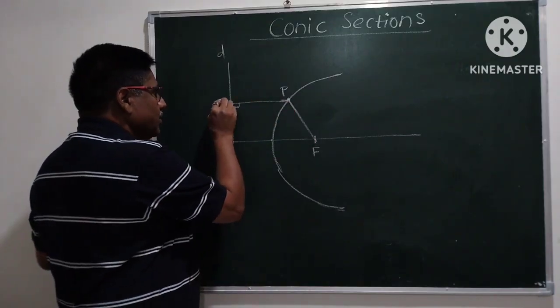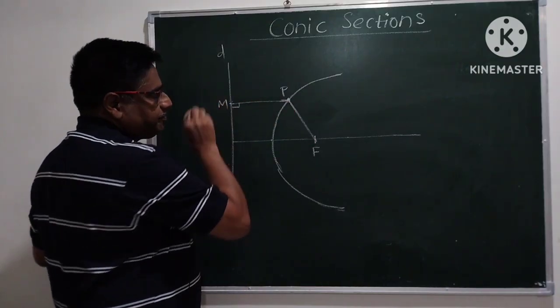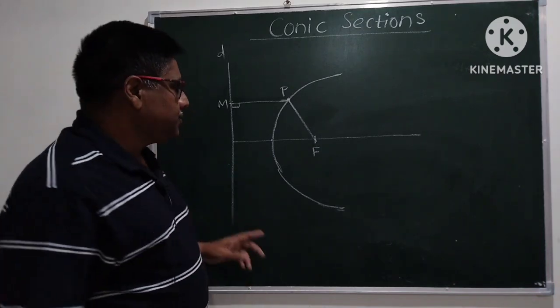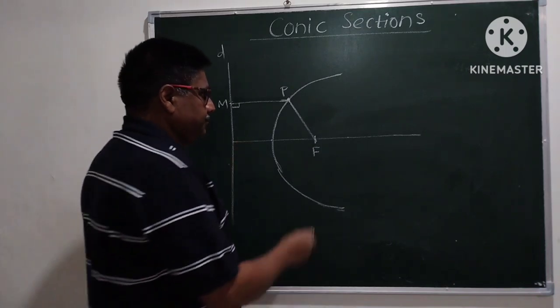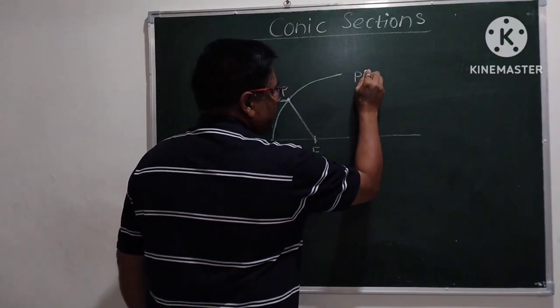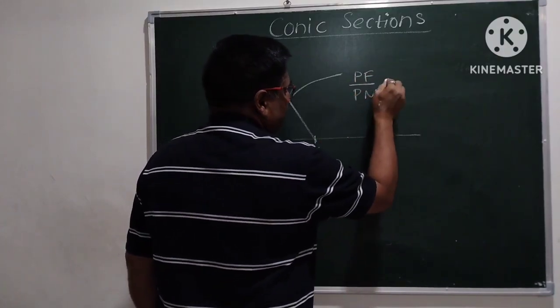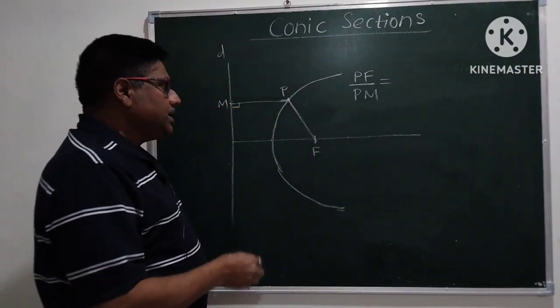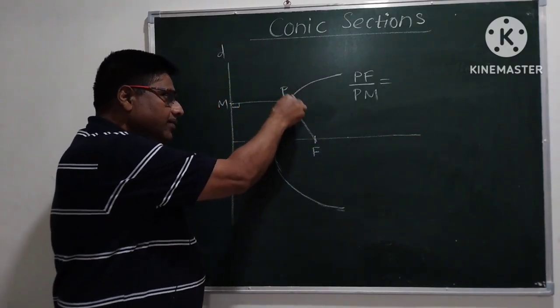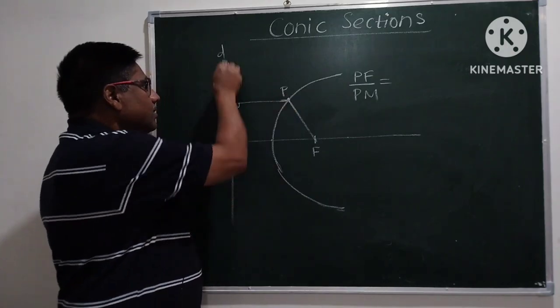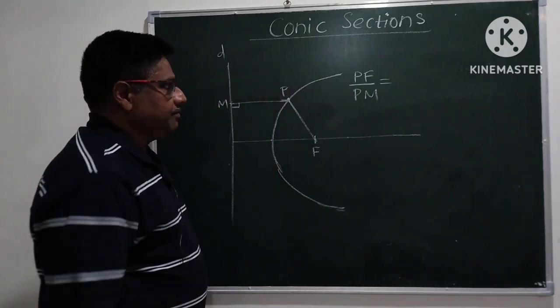Let us call this point M. Now, if I take the ratio of the two distances, that is PF upon PM, I have taken the ratio of the distance of the point from the fixed point to the distance of the point from the fixed line.